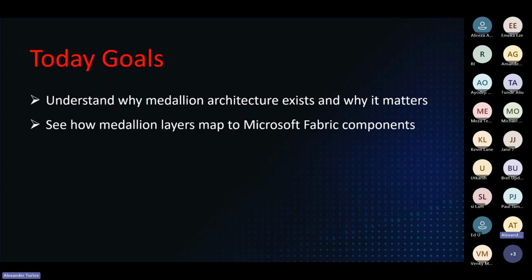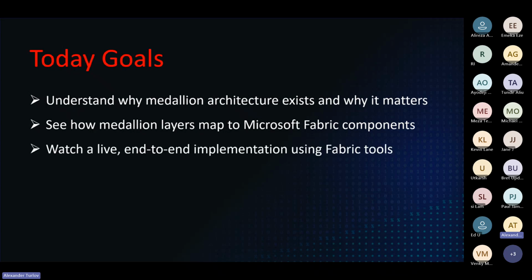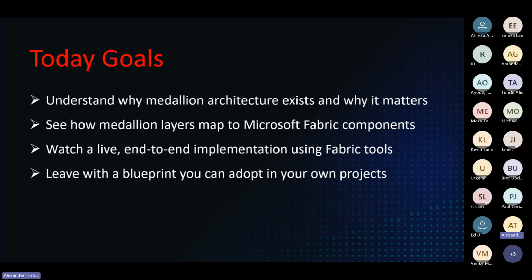Second is to see the how, because we want to not only understand how Medallion architecture works in principle, but also see how it works in Microsoft Fabric. And the third, most important goal is that you get to see how it can really be implemented hands-on, and you can take this presentation as a blueprint for your potential future work with Microsoft Fabric. Let's call it the runbook, if you wish.